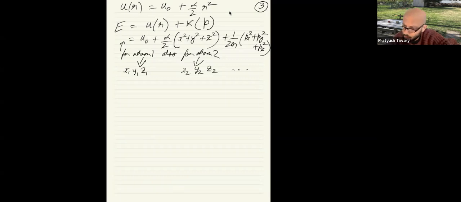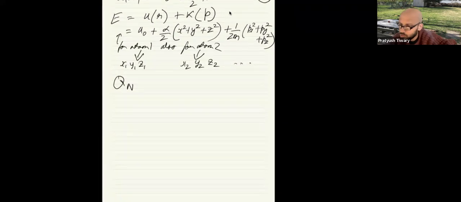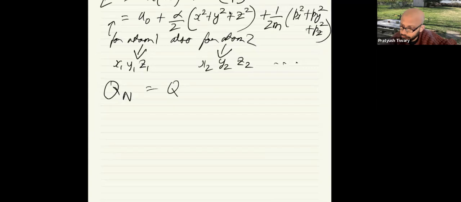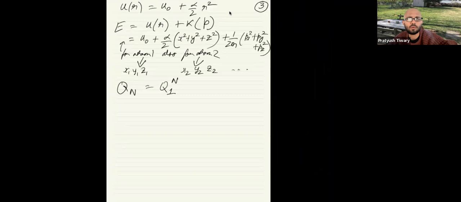So our approach here is that to calculate the n particle partition function Qn, we will just calculate Q1, the one particle partition function, and raise it to the power n. That's going to be our idea. We call this equation 3, the total energy of the system, and we call this equation 4. Why can we do this? Because our atoms are independent.